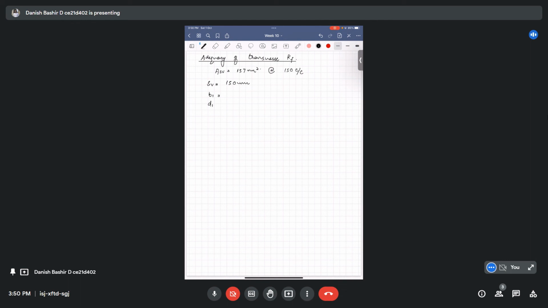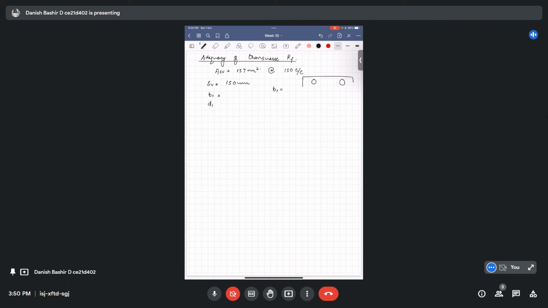So I told you b1 is the distance between the centroids of the longitudinal reinforcement. So we have one longitudinal reinforcement here, another longitudinal reinforcement here, and this is our section.